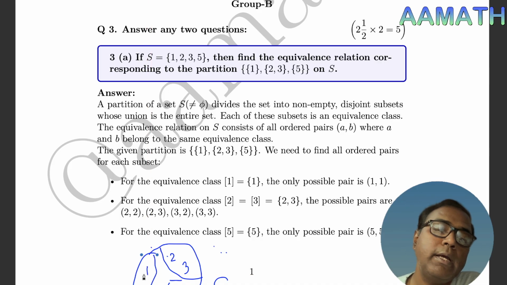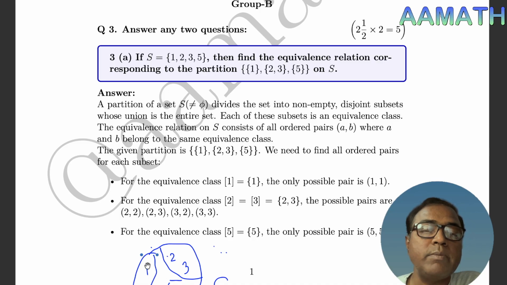So we get three subsets. All are disjoint subsets: this subset {1}, this subset {5}, and this subset containing 2 and 3.